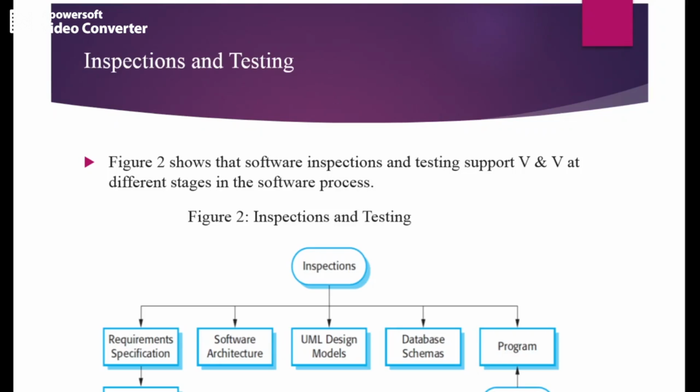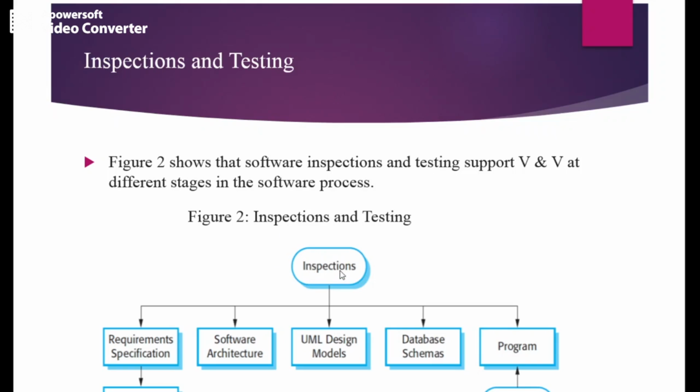Now let us see about this inspection process and compare it with the testing process. So we have this figure. This figure shows that software inspections and testing support V&V, that is verification and validation, at different stages in the software process.